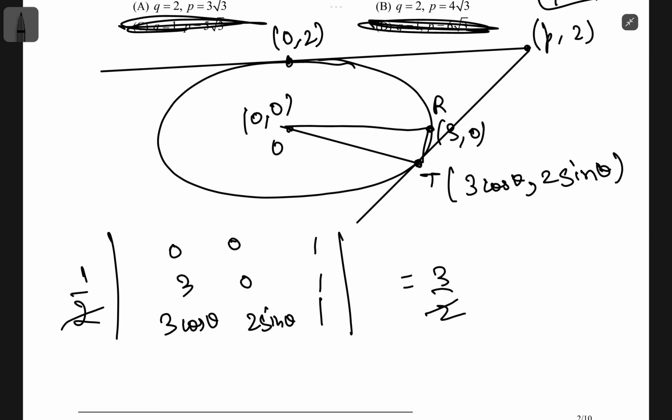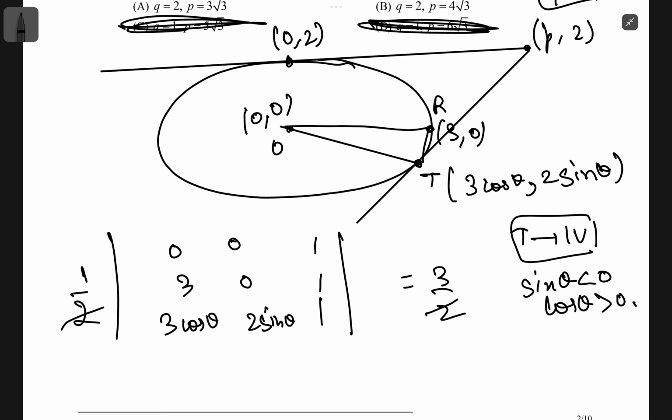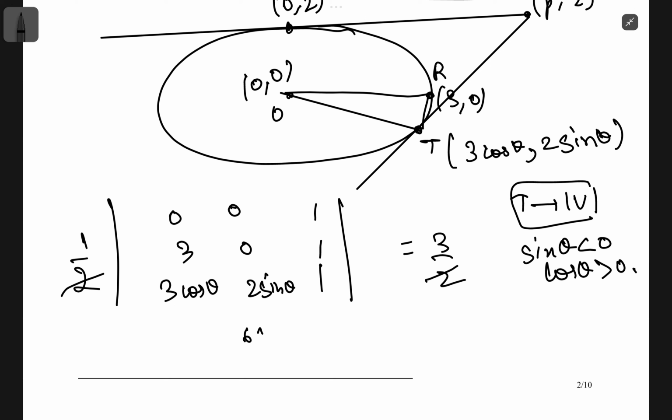Now note that T is in the fourth quadrant, right? So you would clearly be able to say that sine theta would be less than 0 and cos theta would be greater than 0. So you don't even need to check the trigonometric stuff in that. So clearly this is 6 sine theta and this is 3.